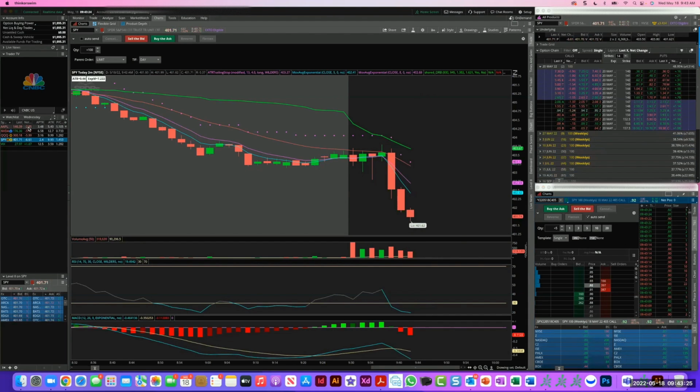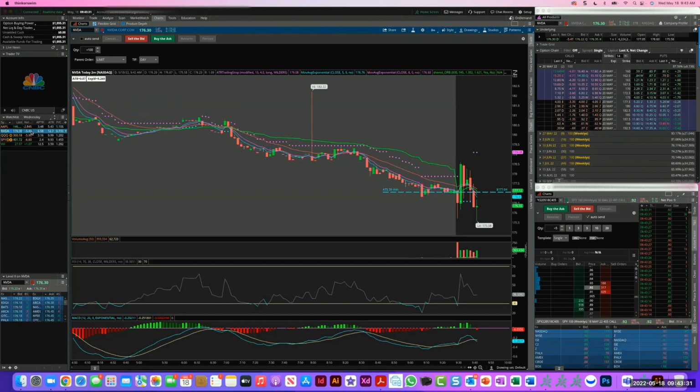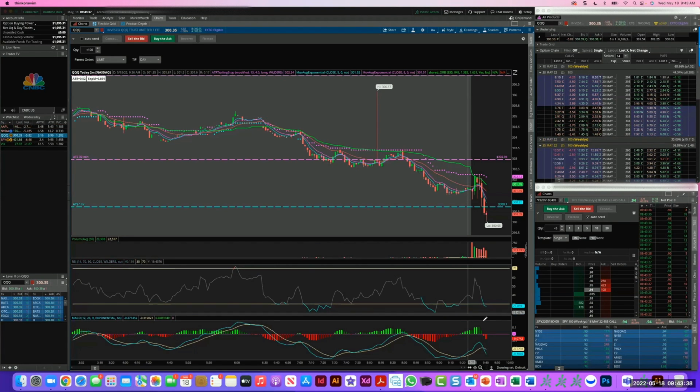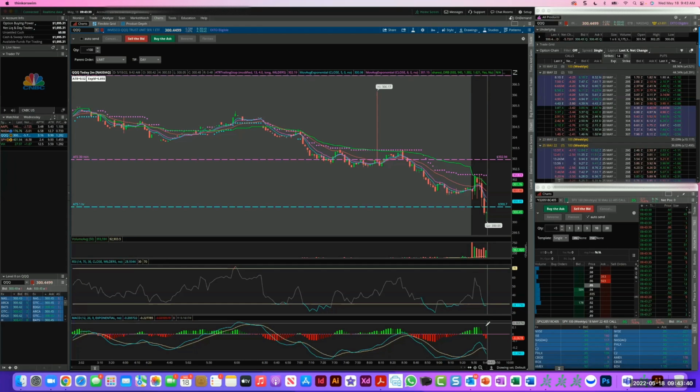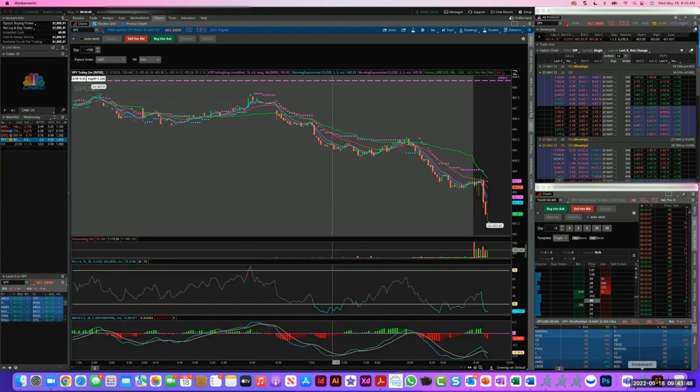And let's go take a look at Apple. Not quite in the oversold area. NVDA. Qs are oversold, so that might present an opportunity as well. But we're going to be looking at SPY. That's our choice for right now.